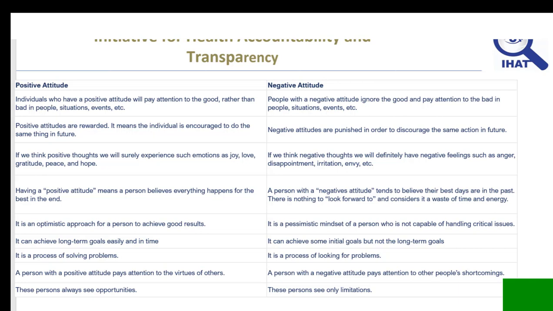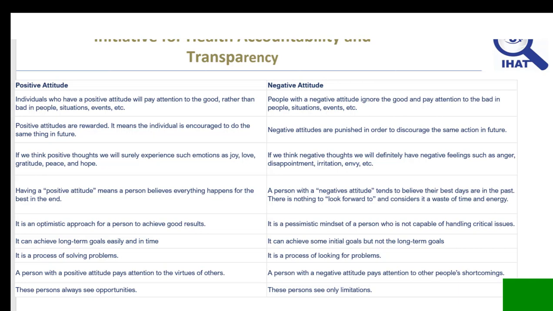If we think positive thoughts, we will surely experience such emotions as joy, love, gratitude, peace, and hope. But if we think negative thoughts, we will definitely have negative feelings such as anger, disappointment, irritation, and envy. Positive attitude is an optimistic approach for a person to achieve good results, while negative attitude is a pessimistic mindset of a person who is not capable of handling critical issues.